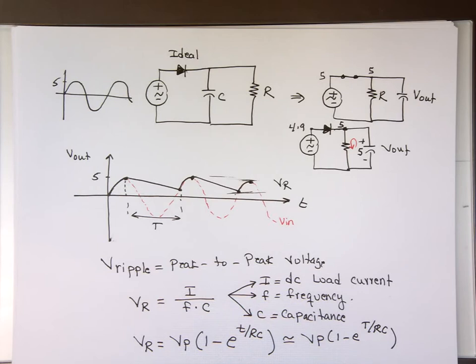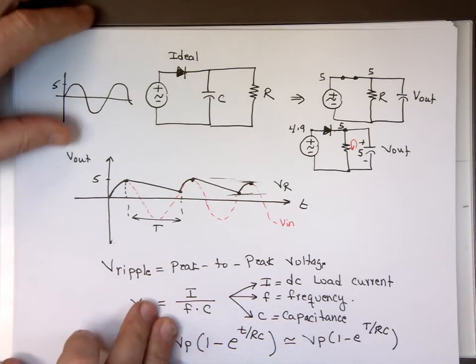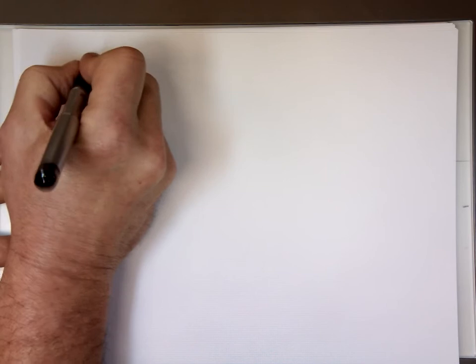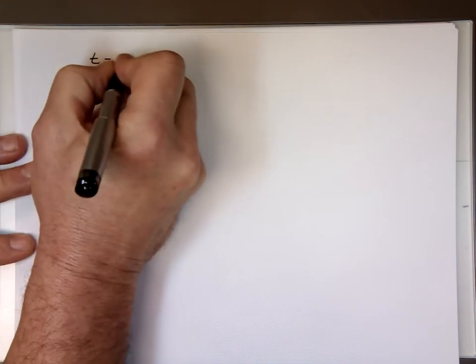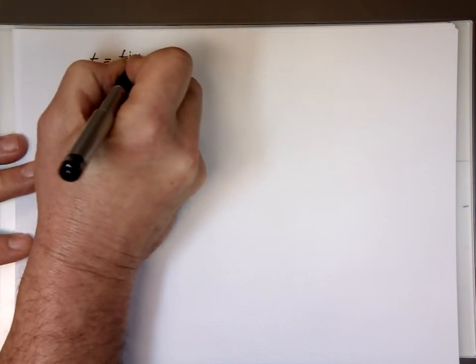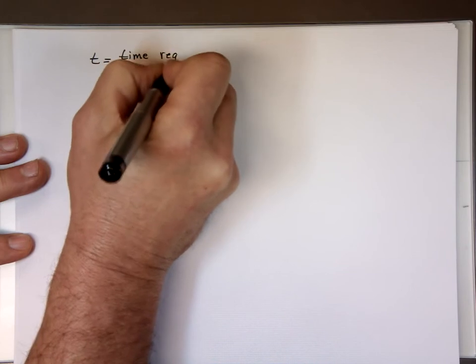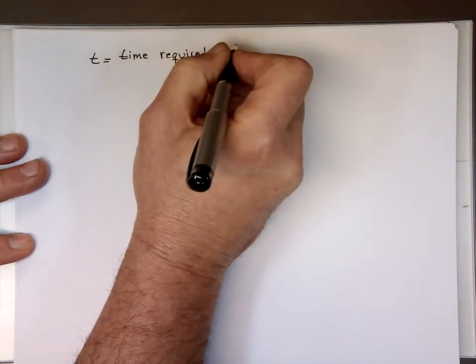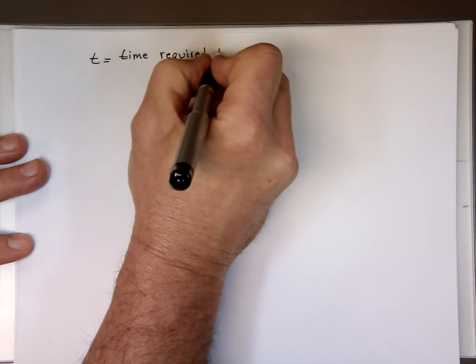Now, how long does it take, that time here? Well, the majority of these, if you're looking at rectifiers, for example, T is really the time required for the capacitor to discharge.